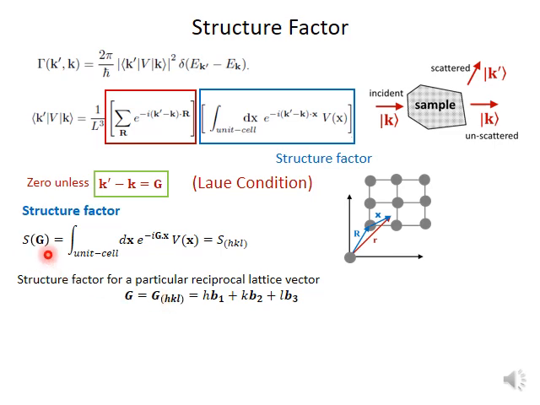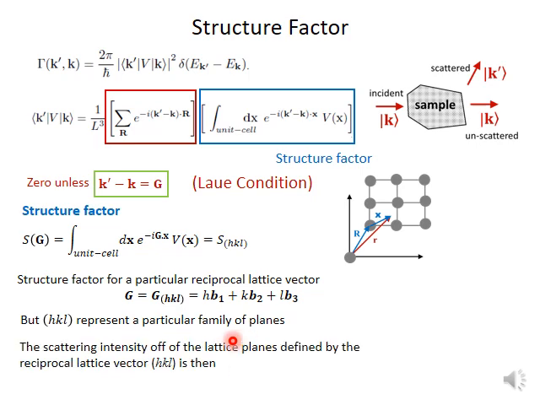So this S can be represented by a certain HKL index for a specific value of G. But we know that a specific G vector, or a specific set of HKL, represents a particular family of planes.